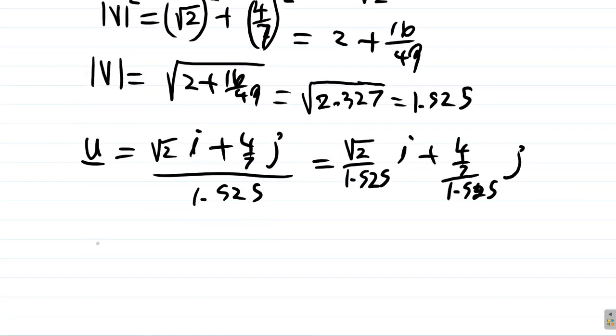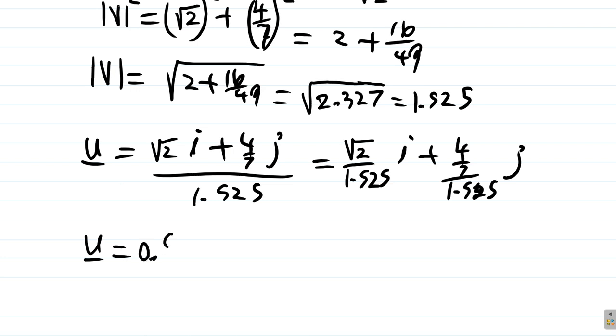Now, let's put the square root of 2 over 1.525. I use my calculator here, and the square root of 2 divided by 1.525 equals 0.927.